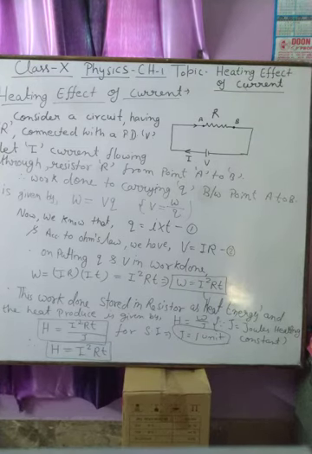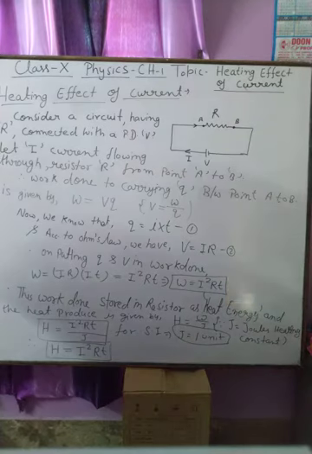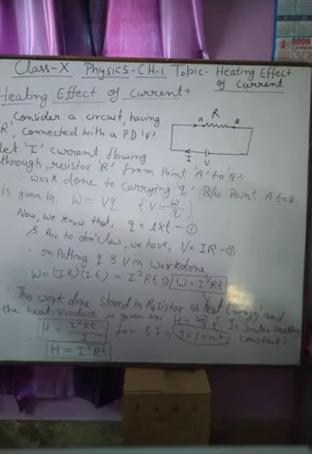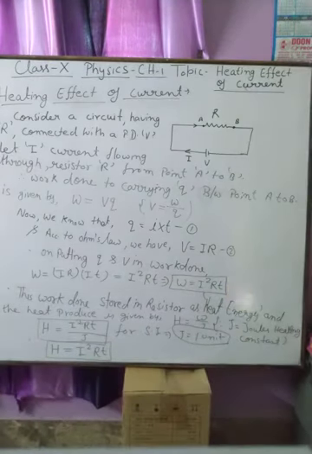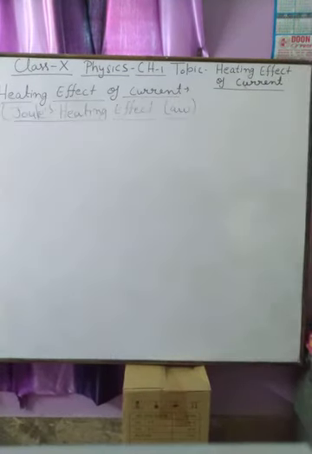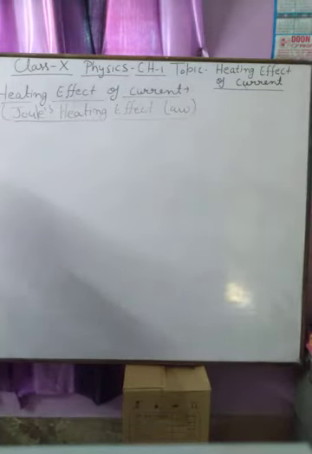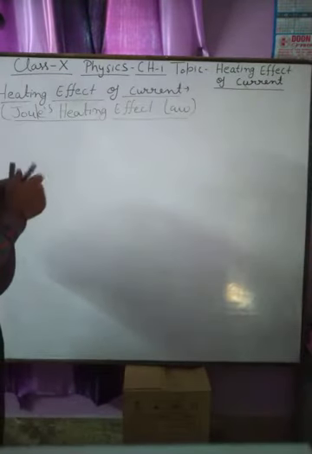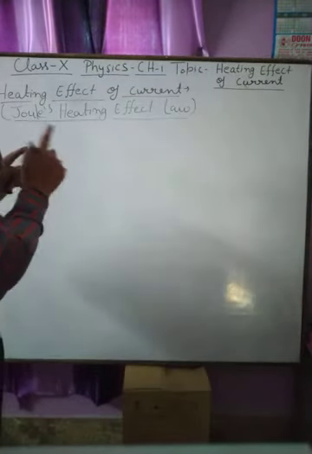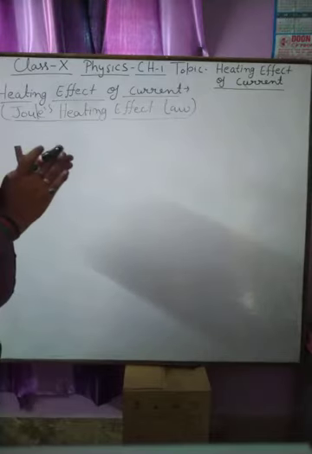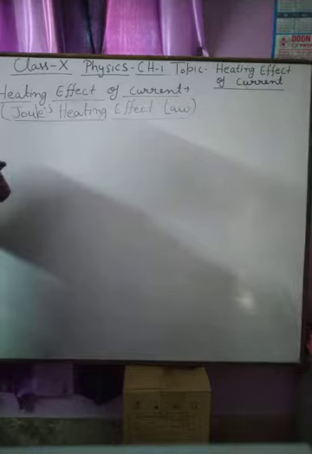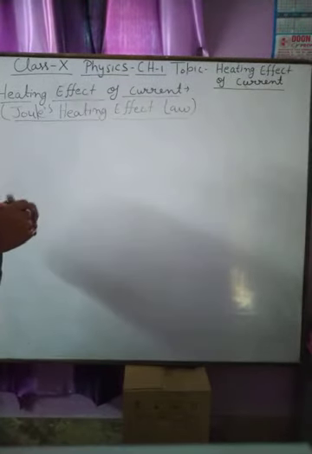Okay student, now we are going for the rules of heating effect. Because the heat produced in the wire was first observed by Joule, it is also known as Joule's heating effect.